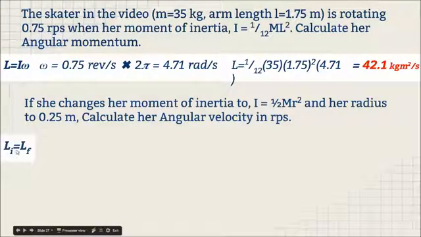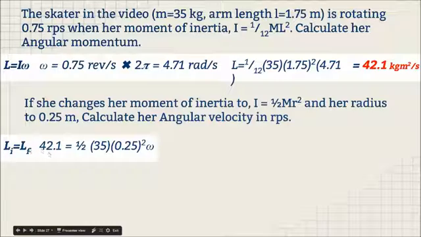We start out with the conservation of angular momentum, which is Li equals Lf. We can simply put our numbers in. So 42.1 is what we calculated before. 1/2 of 35, which is the mass, and then r squared is 0.25 squared.